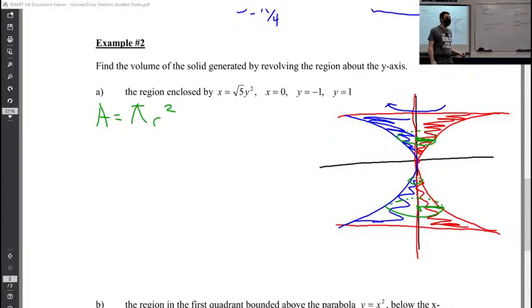And since I have everything in terms of y, I'm going to keep it in terms of y. So in other words, that is an x distance. So that x distance, written out in terms of y, is square root of 5 times y squared. That's our radius.